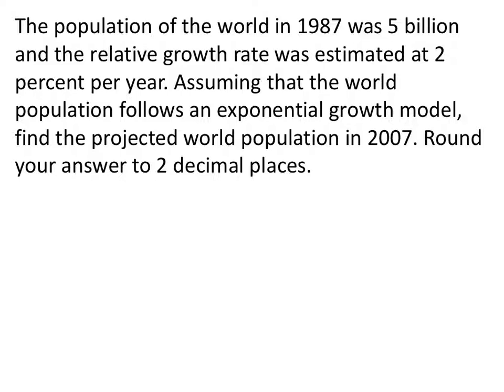Okay. And we're going to stick with 5 billion without all the zeros, so it's just 5. Let's look at the formula, though. Let's not forget, P of t is the future value based on the time, and P sub 0 is the initial value, which for us in this case is 5 billion people in 1987.